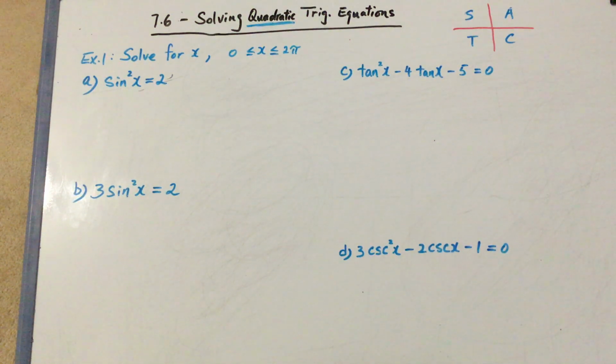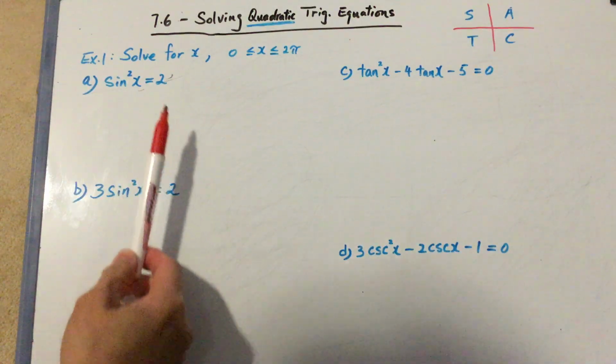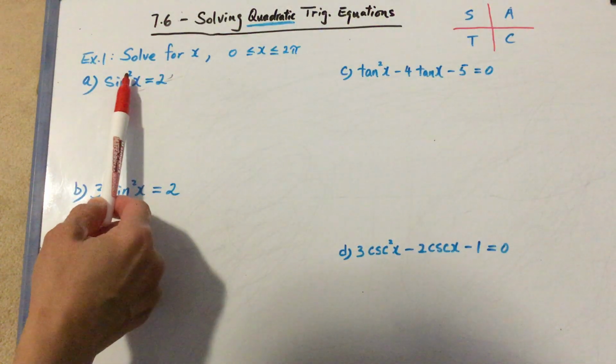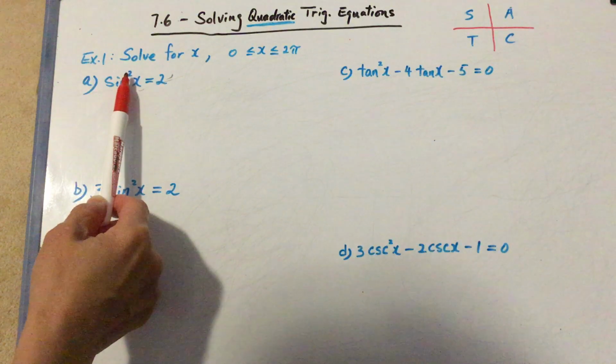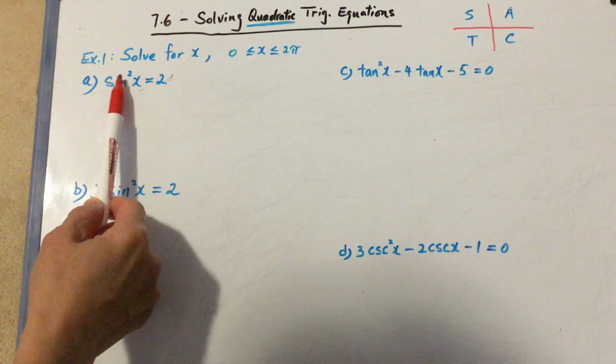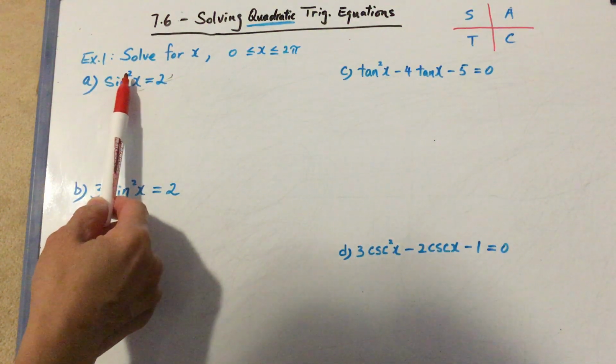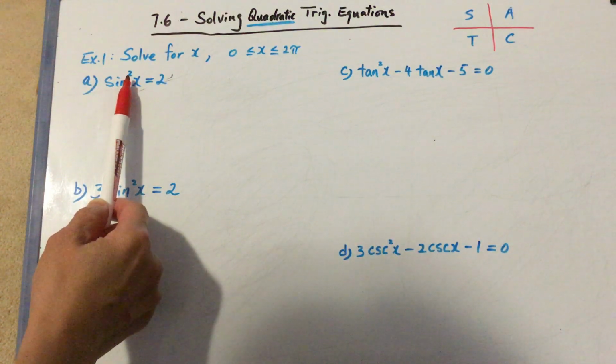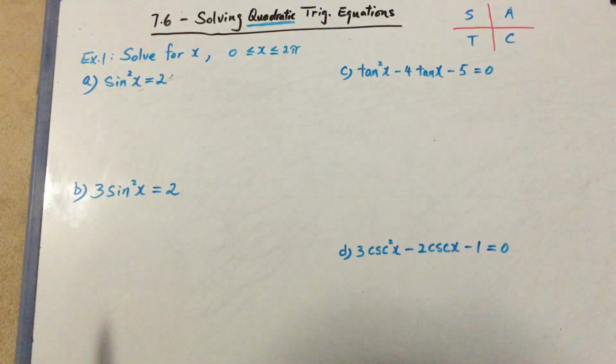Obviously in most of our examples, you will see that our equation will have exponents of 2, because when the highest power in the equation is power 2, that means this is a quadratic.